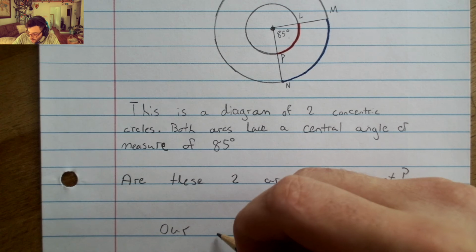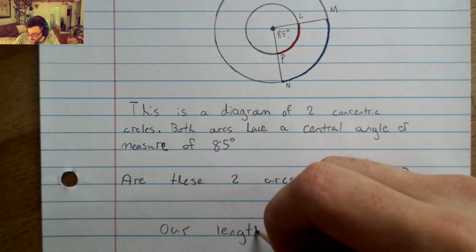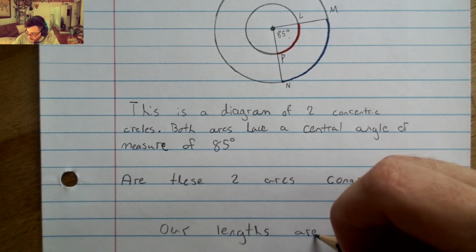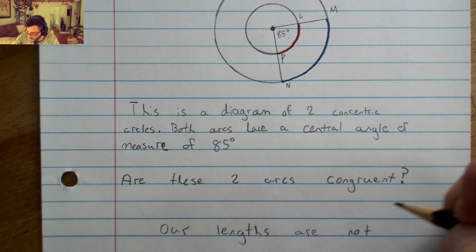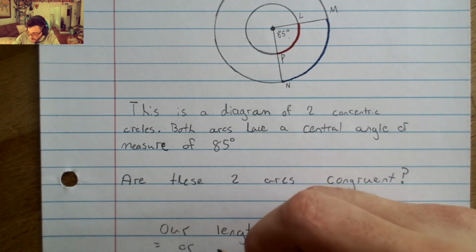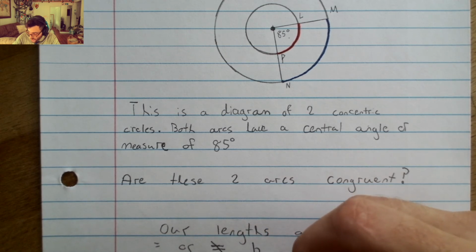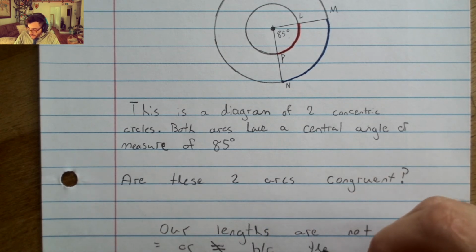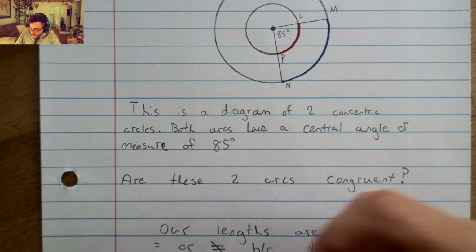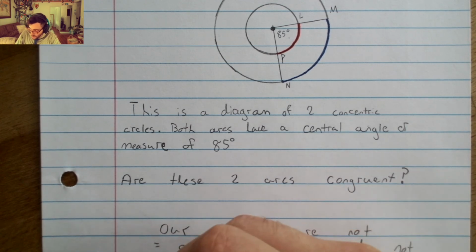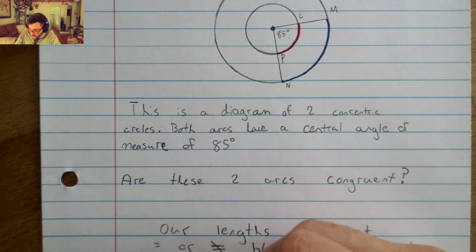So we can say our arc lengths are not equal or congruent because they do not share the same radii.